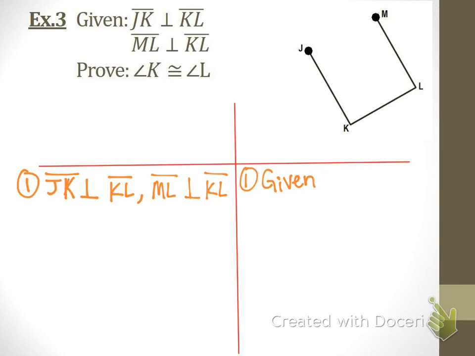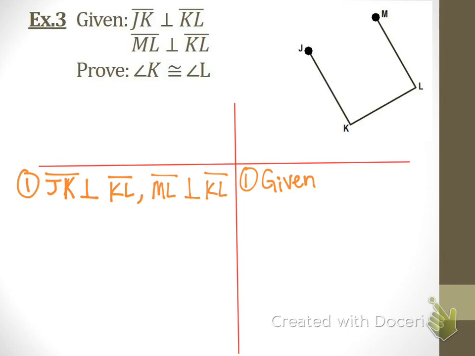Okay? After that, this is generally where people get a little lost in the sauce. So, use what they told you, mark it in the diagram, and your next statement can be what that means. So what does it mean for JK to be perpendicular to KL? What could I mark on my diagram?